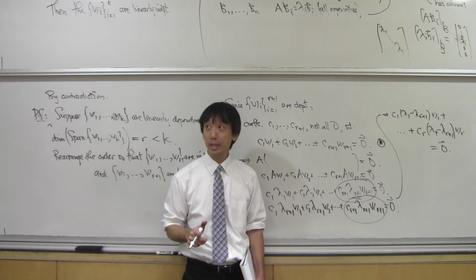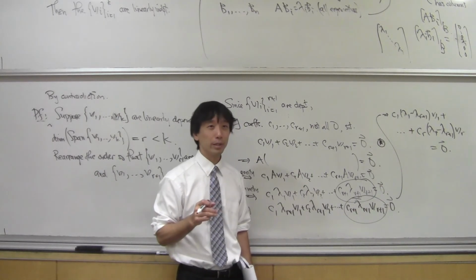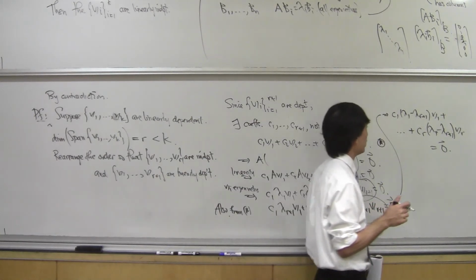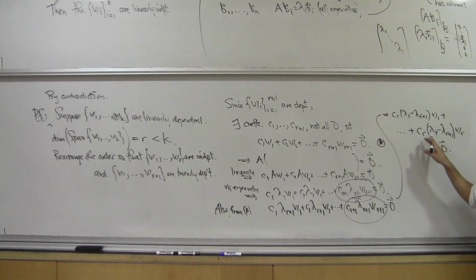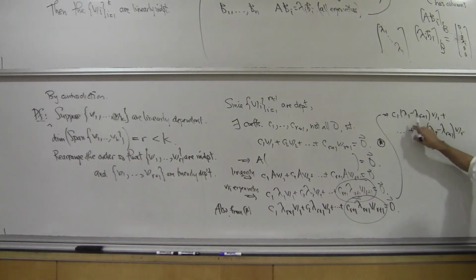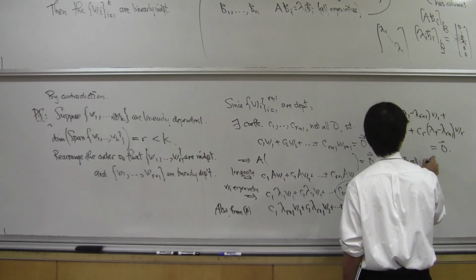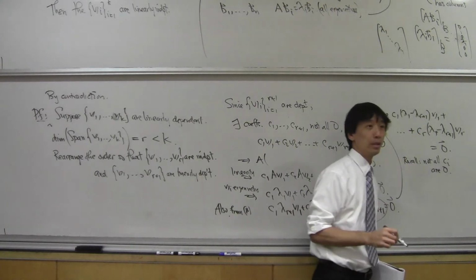Why does that give us a contradiction? V1 to Vr are linearly independent, right? So that would mean that the only way to get 0 is if all these guys are all 0. But what do we have here? Notice that not all the ci are 0.